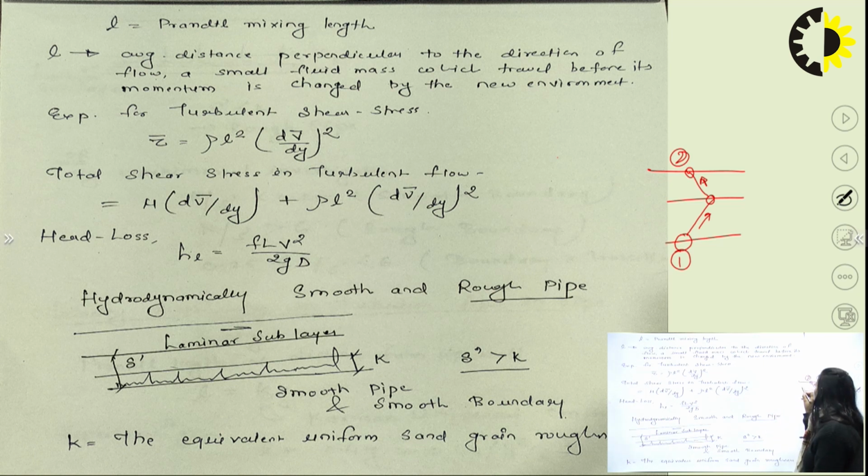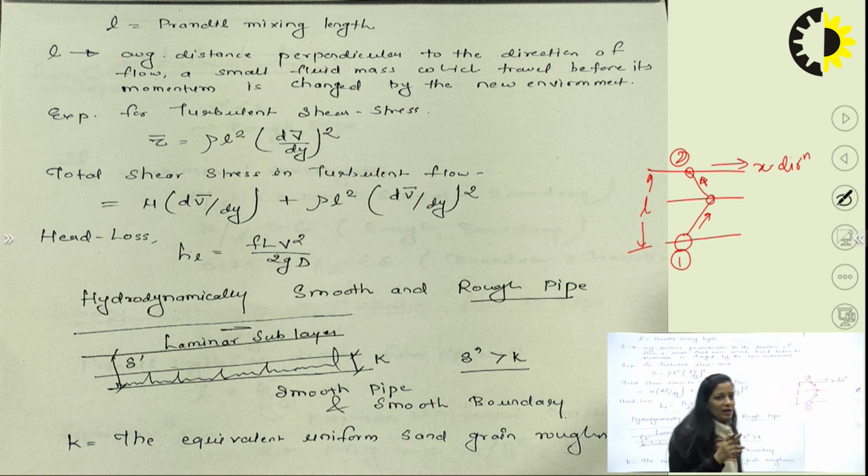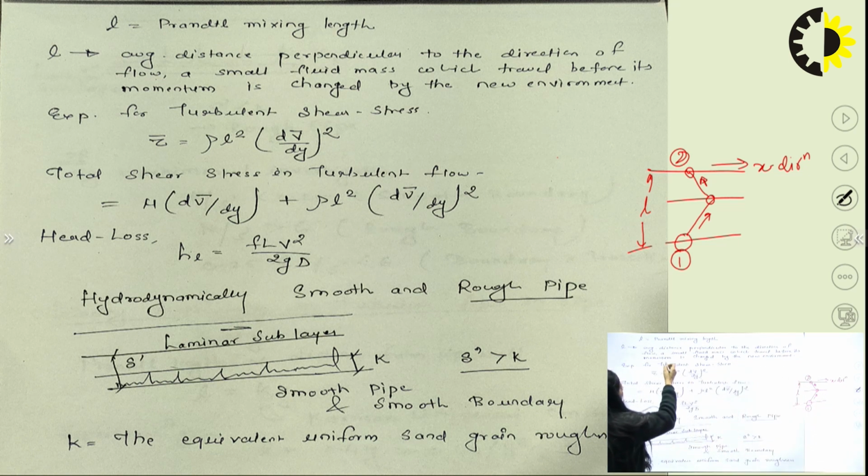But there is another condition that needs to be fulfilled: whenever that particle is transferred and gets mixed at this particular layer, the momentum of the particle should be equal to the momentum of this layer in the x direction. Or, in easier words, it is the average distance perpendicular to the direction of flow which a small fluid mass travels before its momentum is changed by the new environment.